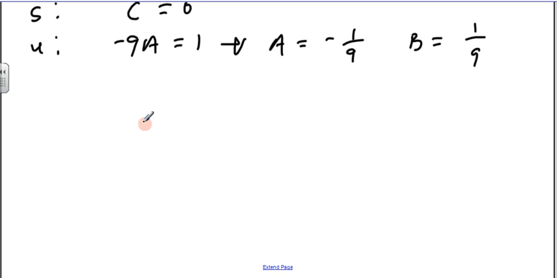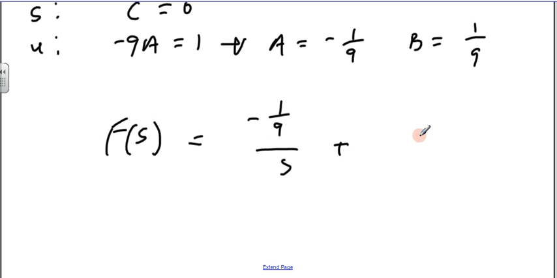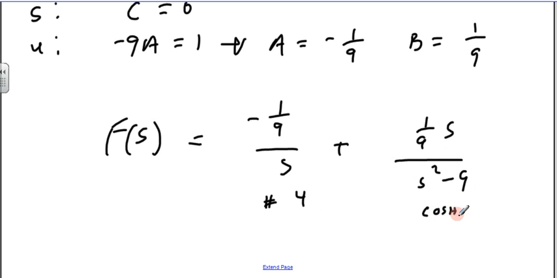So I got f of s is equal to minus 1 over 9 over s plus 1 over 9 s over s squared minus 9. I see that this falls in the category number 4, and that this is the hyperbolic cosine one that I really don't have any numbers on, but I remember that that's the case.